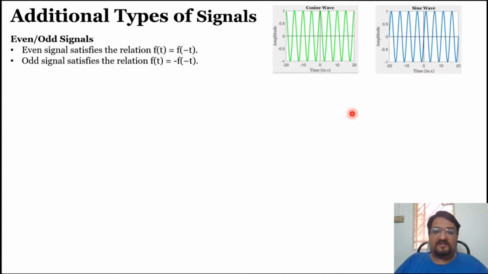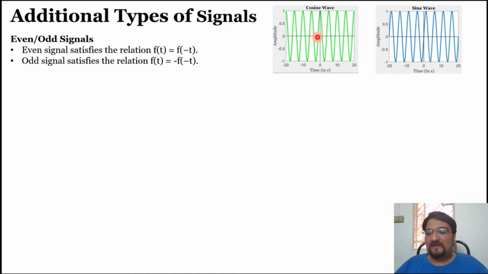If you can see on your screen, the green trace is a cosine wave, which is symmetrical to your y-axis. What does it mean? If you take any value along the x-axis, you all know that cos pi by 2 is 0, cos 90 degrees is 0.